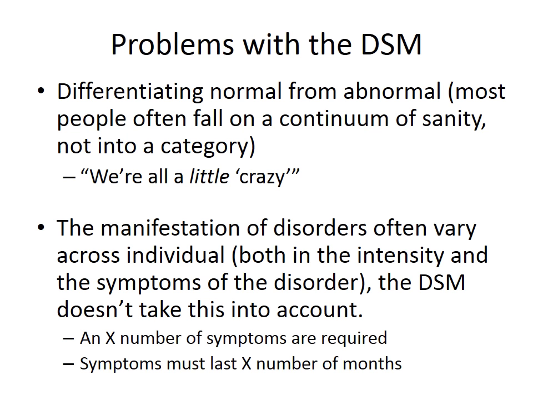In addition to that, you need to display a certain number of different symptoms. If you just display one or two symptoms, that might not be sufficient to be qualified as having full-blown depression. And this arbitrary nature of looking for specific things that don't necessarily seem to overlap with each other that well, and needing these things for a certain period of time, rubs a number of people in the field of clinical psychology wrong.